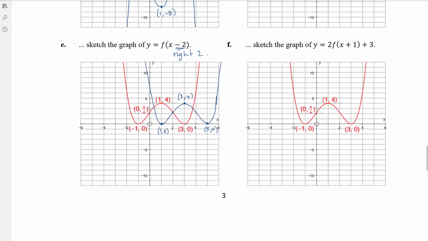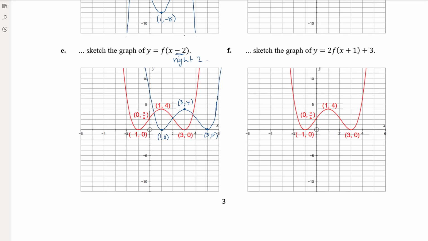And then we can start to combine all those things together. So we've got dilation by 2 from the x-axis. We're going plus 1, so that's left 1, and plus 3 is up 3. So we're going to take each point and dilate it by 2 from the x-axis, so that is to double its y-coordinate.